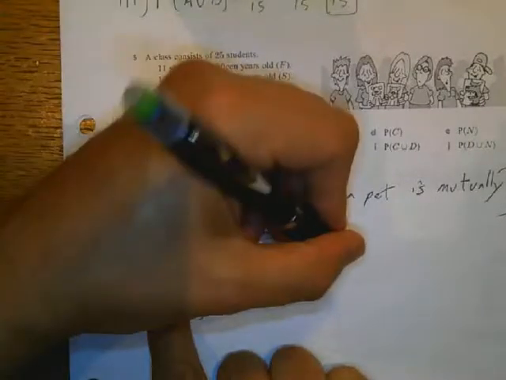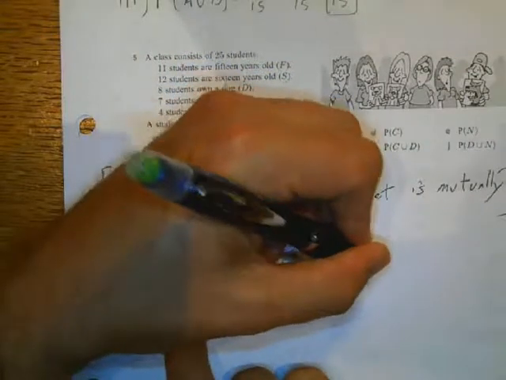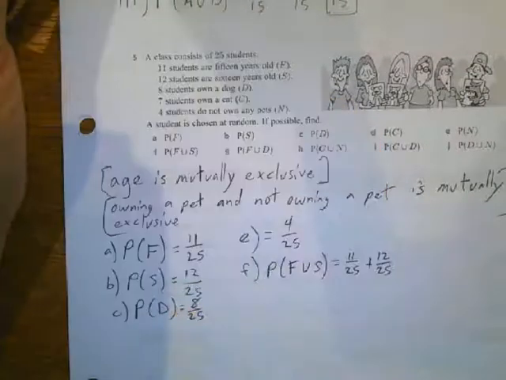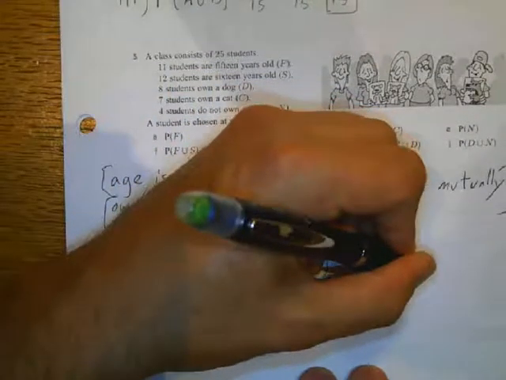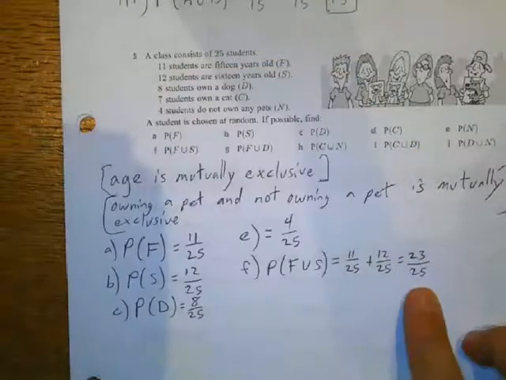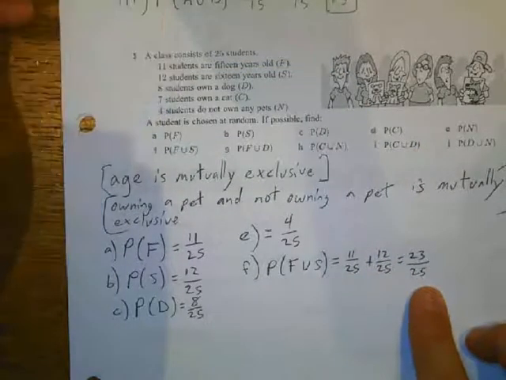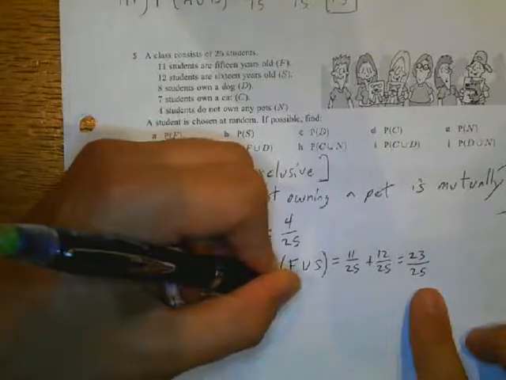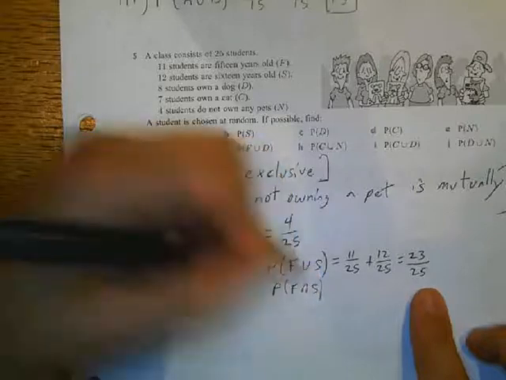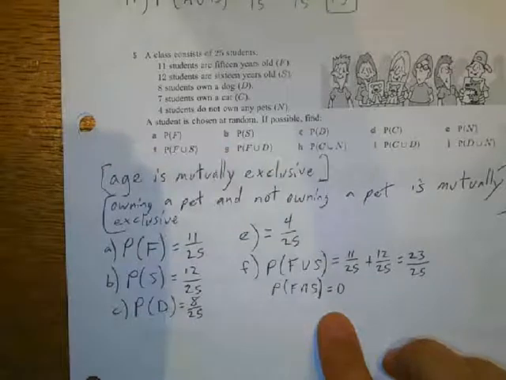So 11 over 25 plus 12 over 25, which is going to give me 23 over 25. That means there's 2 students who are neither 15 nor 16 years old. Okay, I know they didn't ask this, but what's the intersection of the 15 and 16 years old? That's going to be 0. You can't be 15 and 16 years old at the same time.